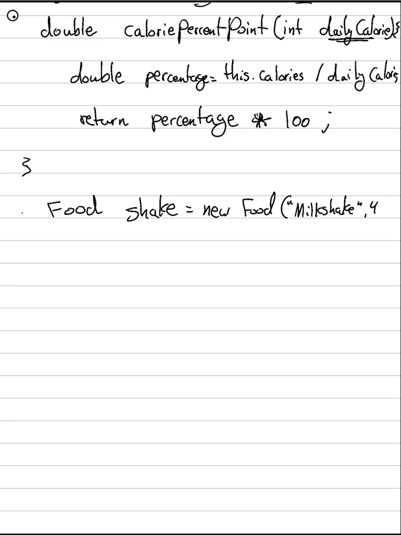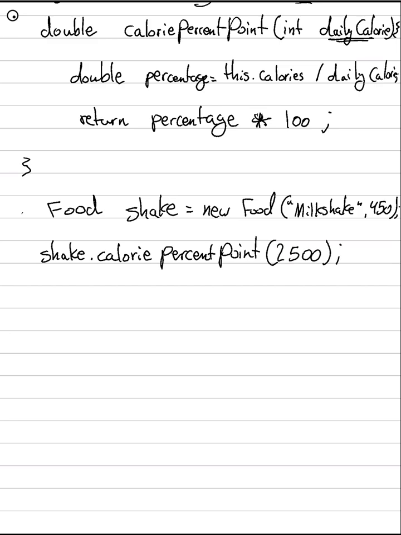Milkshake, 450. And then we just say shake dot calorie percent point. And let's say we're talking about someone who can have 2,500 calories per day.